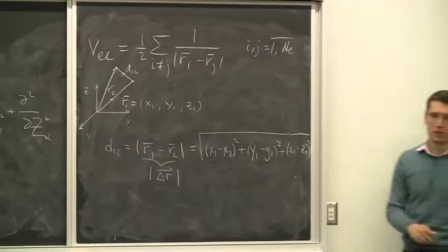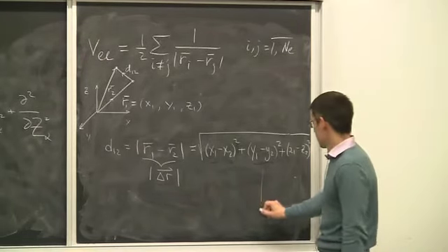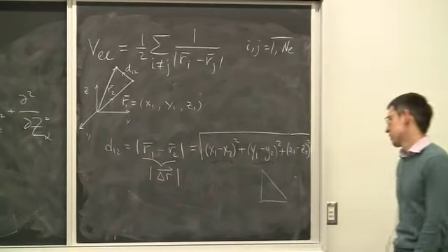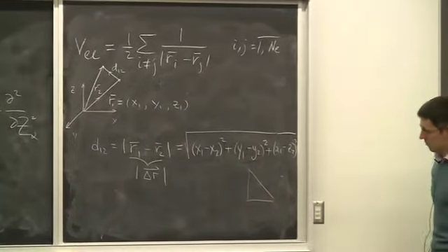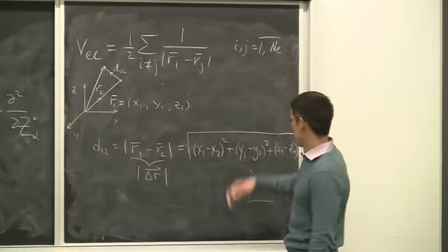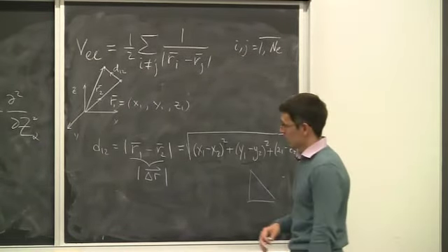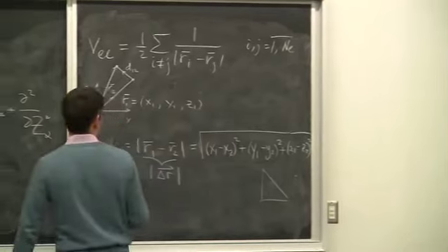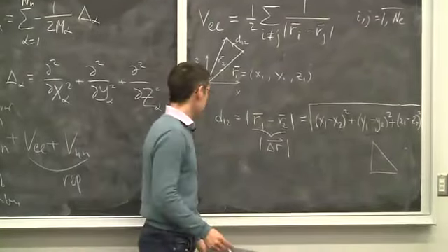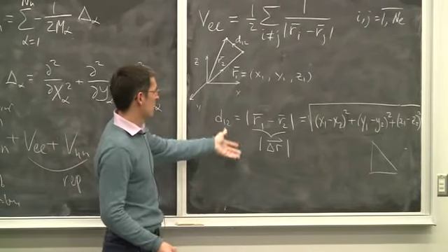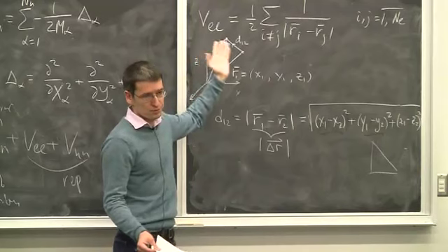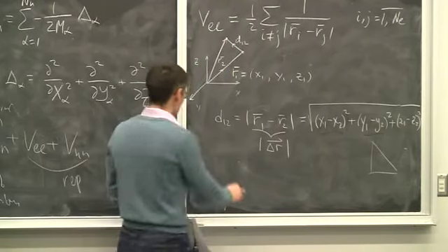Okay? You can kind of think about this as a Pythagoras theorem, right? So in 2D, that just comes out of that. And in 3D, it's just generalization. Okay, so that's the distance, and the smaller the distance, the bigger the repulsion.